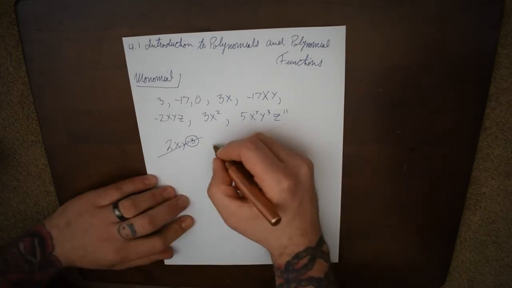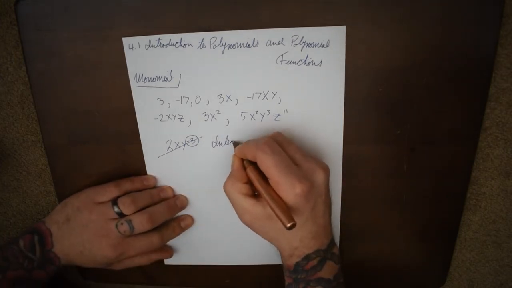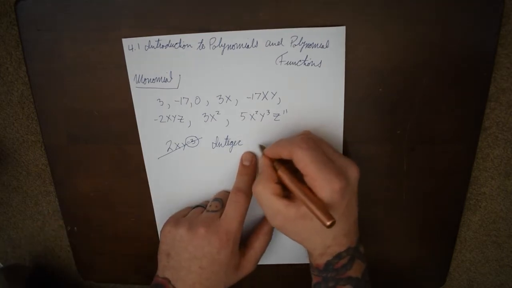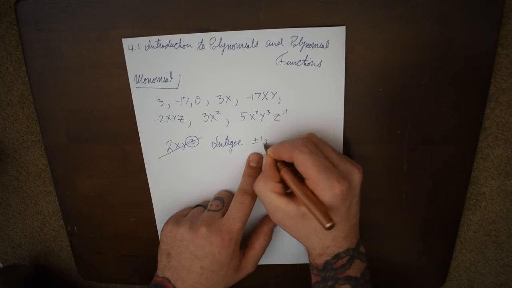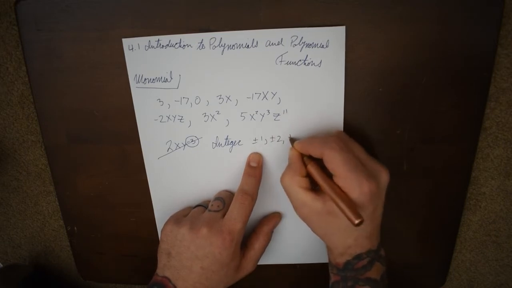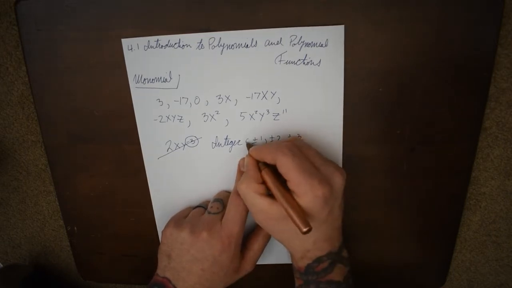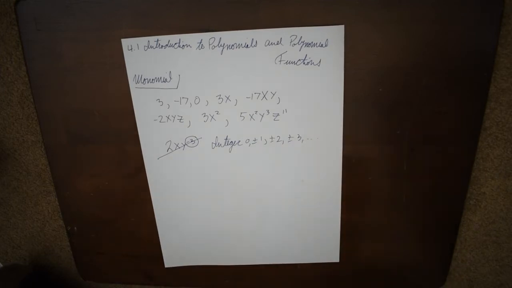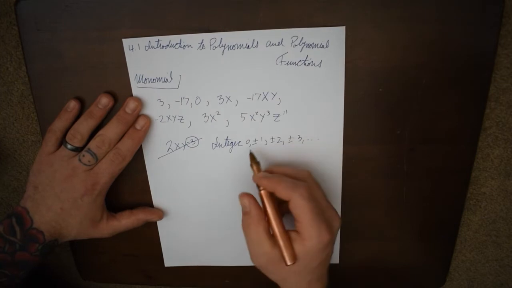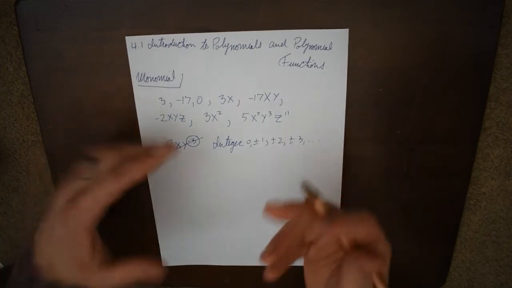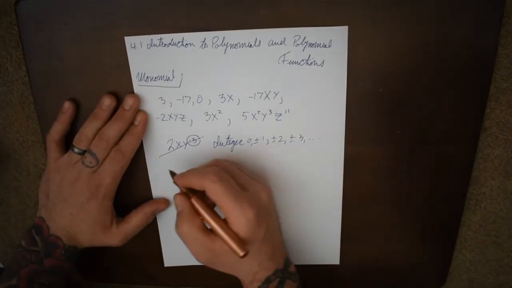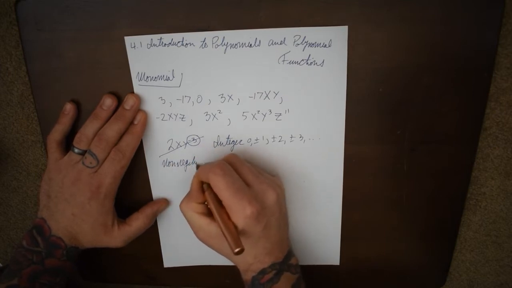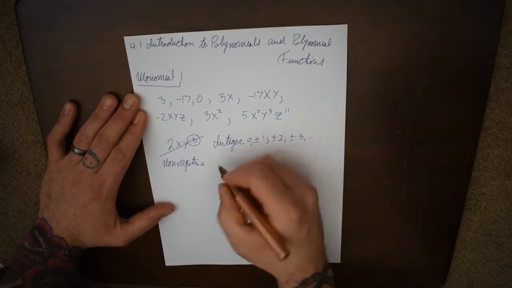Remember, an integer by itself, well, that's plus or minus 1, plus or minus 2, plus or minus 3. We've got to tack a 0 on out front, but this pattern continues on and on. So any positive or negative whole number. What's a non-negative integer?